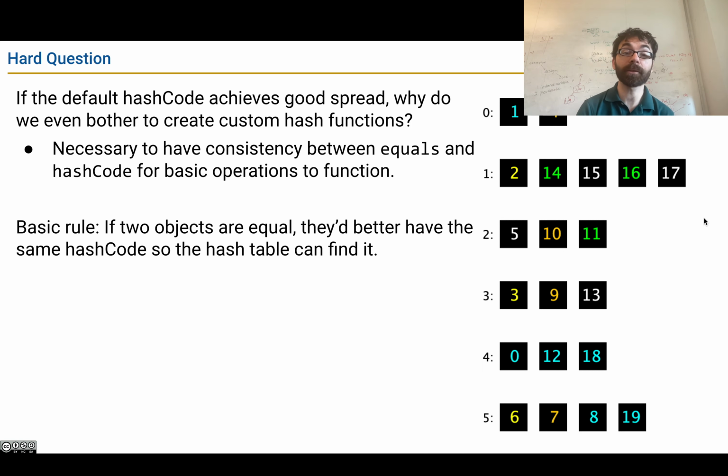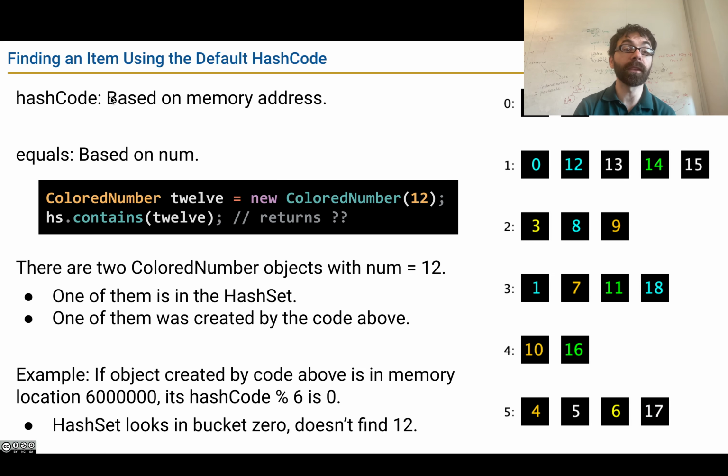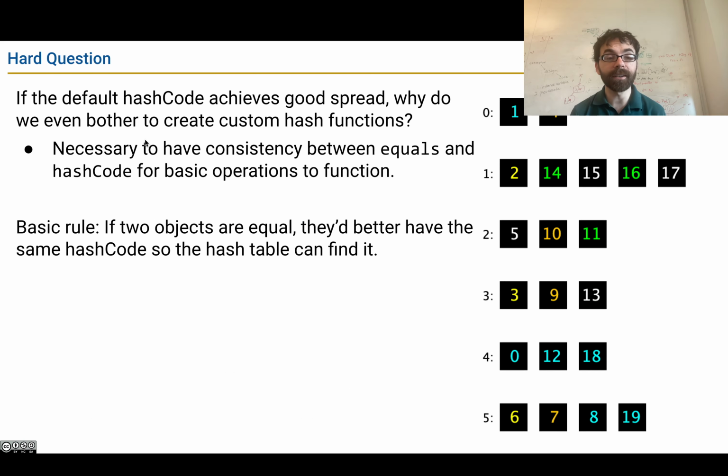So that brings us back to the question: if the default hash code gives us a good spread of items, like shown here, why do we need custom hash functions? Well, it's necessary that the equals and hash code functions be consistent for operations to function. If the hash code is based on the memory address, but equals is based on the num, there's no guarantee our hash table will work correctly.